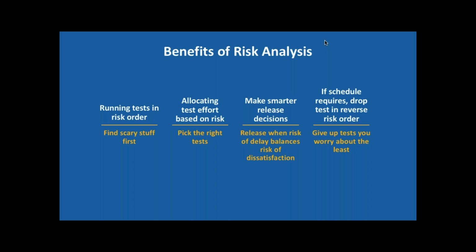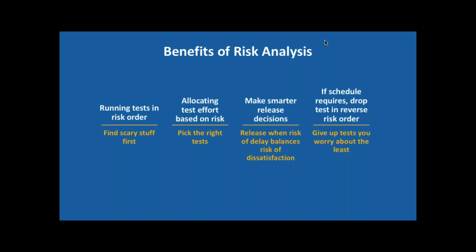And then if the schedule requires, you can drop tests in reverse risk order. So you absolutely know that you and your team are not going to be able to execute every single test case in your plan. It's just not possible. And you also don't have the option of adding more resources.